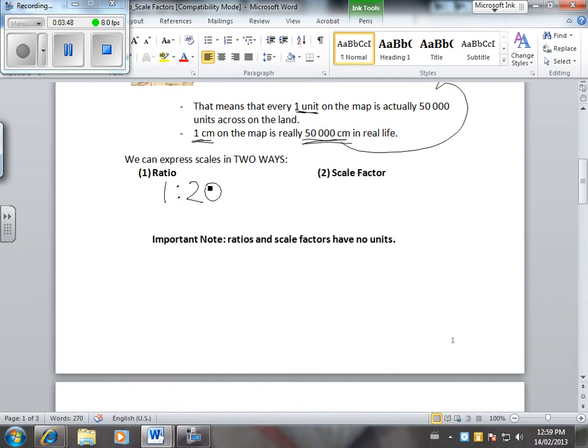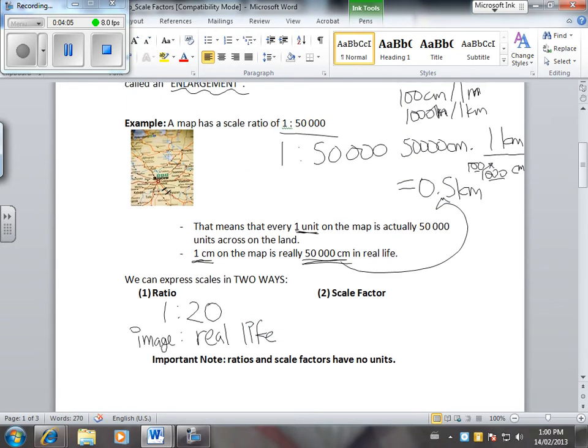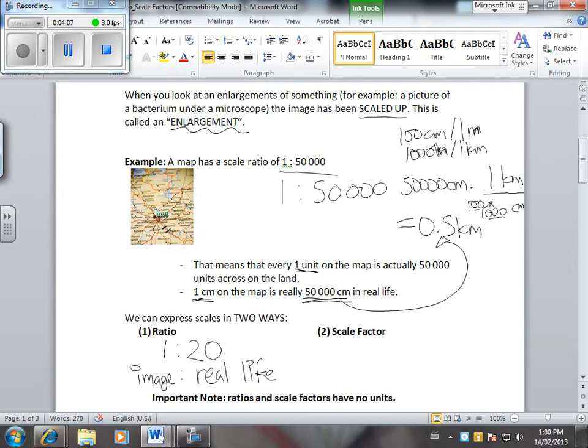Remember that the ratio uses that colon, and the image, the photograph or the map, is 1 to 20 for the real life. In the 1 to 50,000 case, the 1 is the map and the 50,000 is the city itself, the real life distance on the ground.